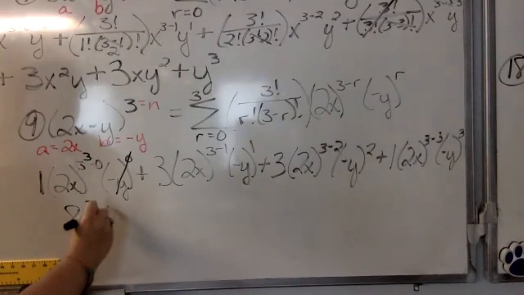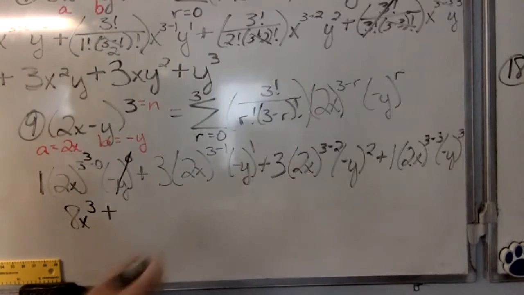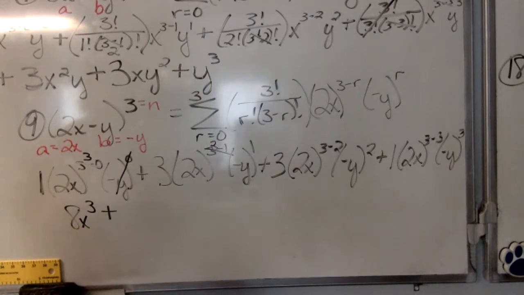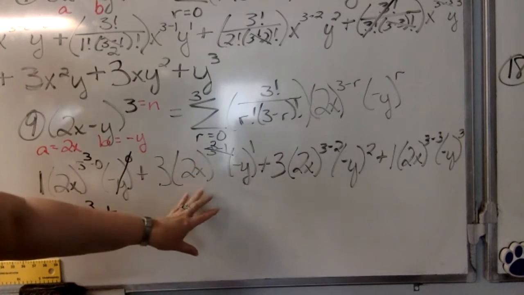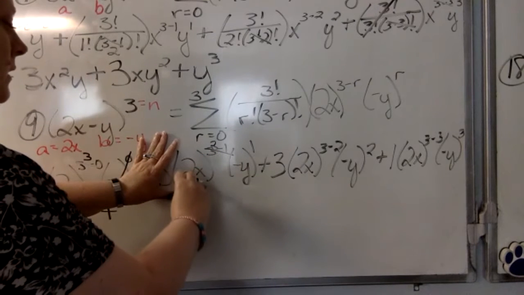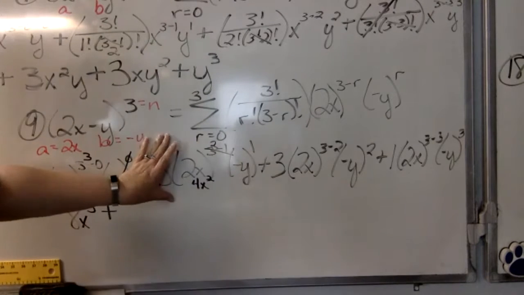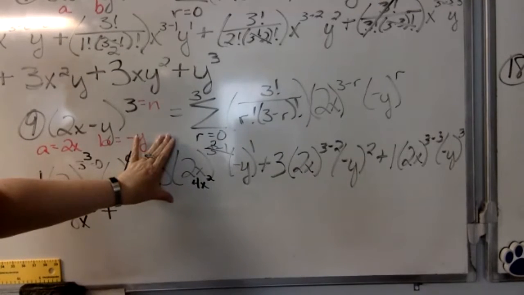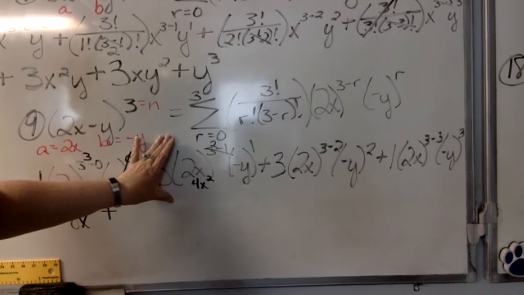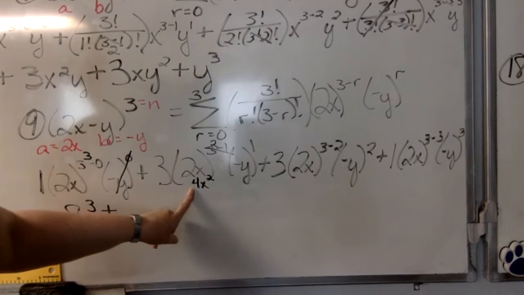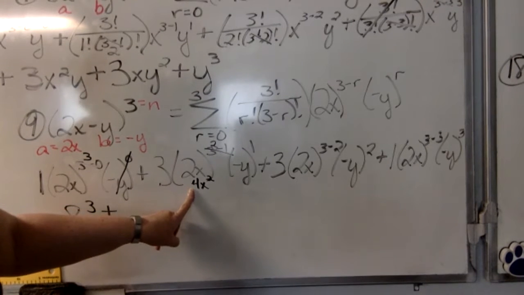This one, 3 minus 2 is 2. So here I have 2x times 2x. 2x times 2x is 4x squared. Everybody agree with that? 2 times 2 is 4. X times x is x squared. Okay, what is 3 times 4? 12.